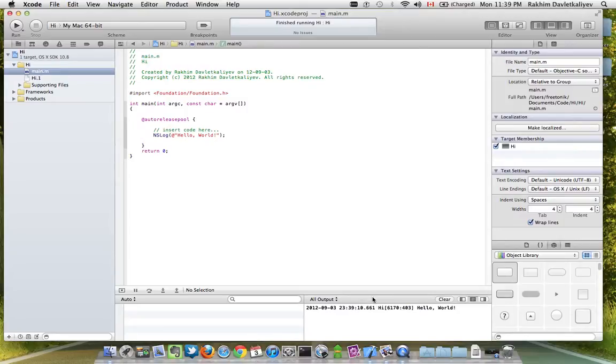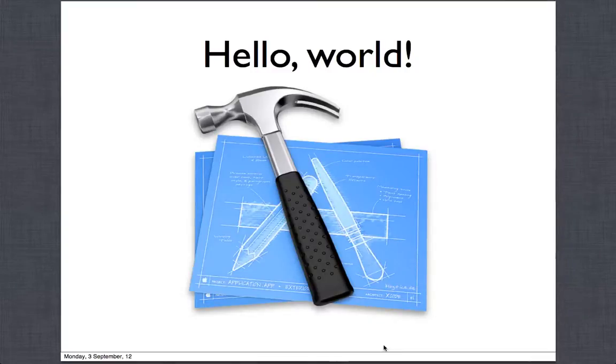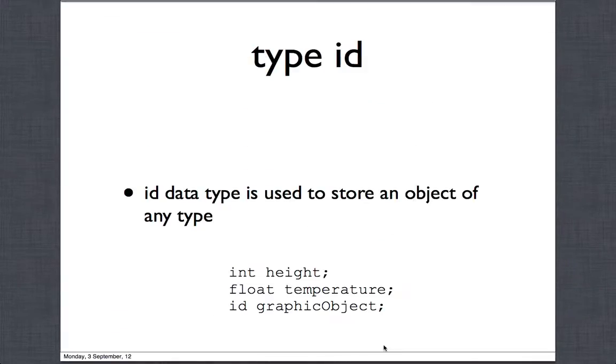Okay, let's talk about something else. Hello world is fine, but this is not too useful. Just like in C or C++, we have types, and most of the types are the same. We have integers, floats, and Boolean variables.